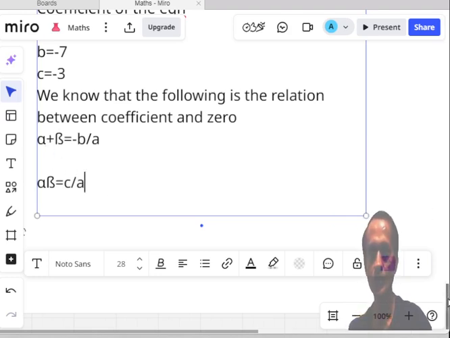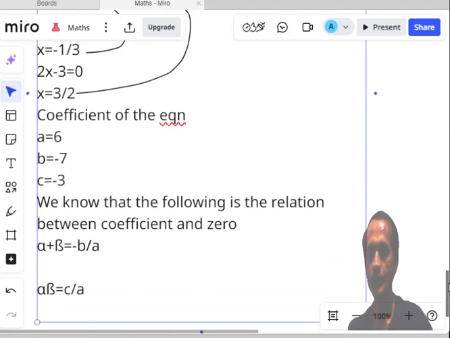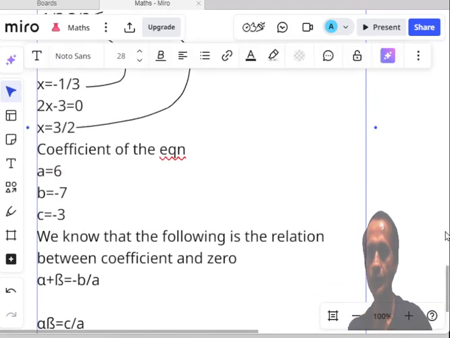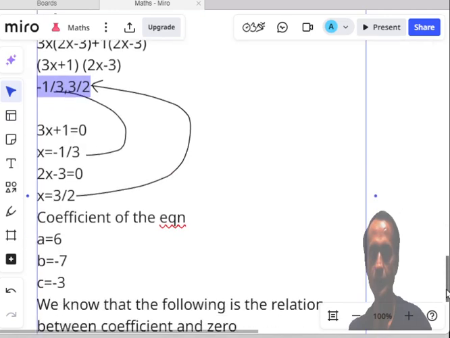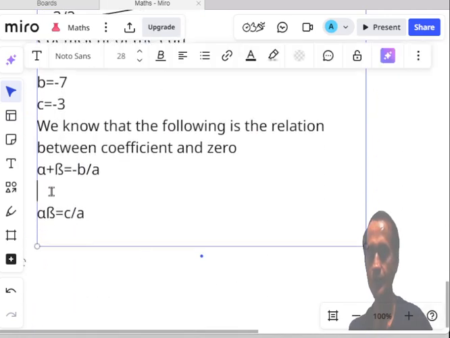So we found these two zeros to be minus 1 by 3 and 3 by 2. Here we found these are the two zeros, so we'll find their sum. Minus 1 by 3 plus 3 by 2.